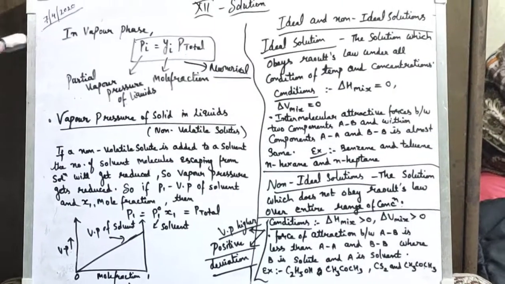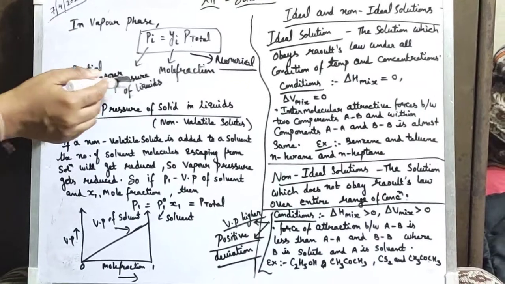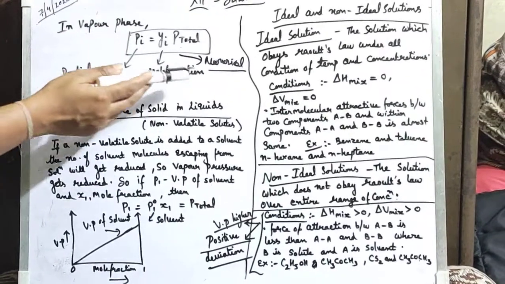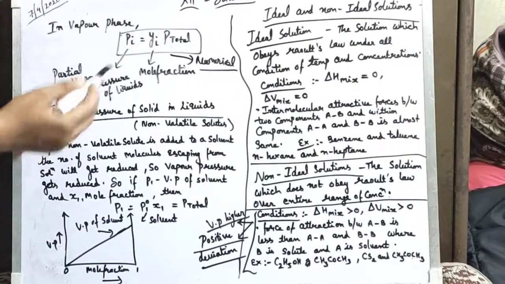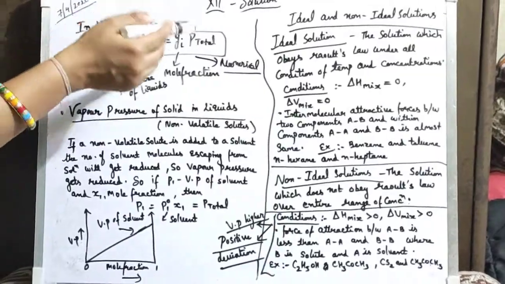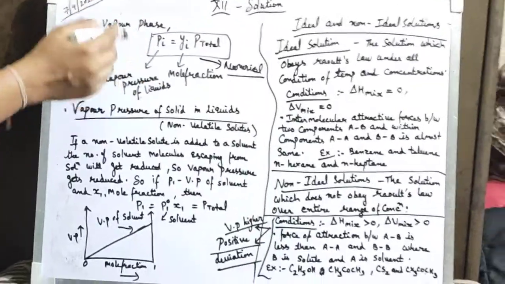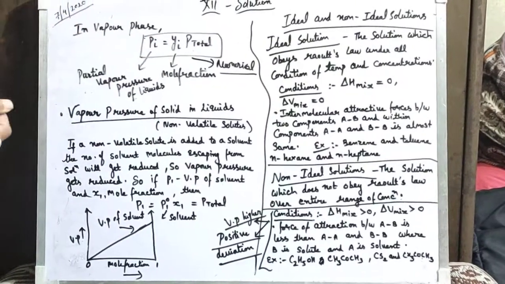So this Pi, that is the partial vapor pressure of the individual liquid, equals the mole fraction of the respective liquid multiplied by the total pressure. So this expression we can use for calculating with respect to total pressure.